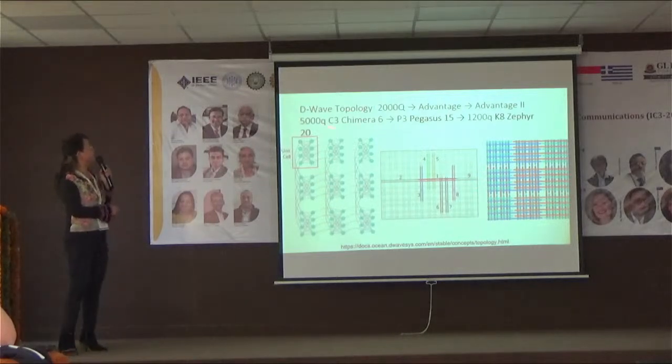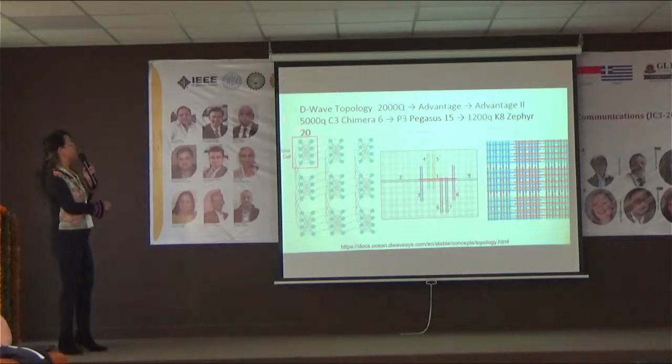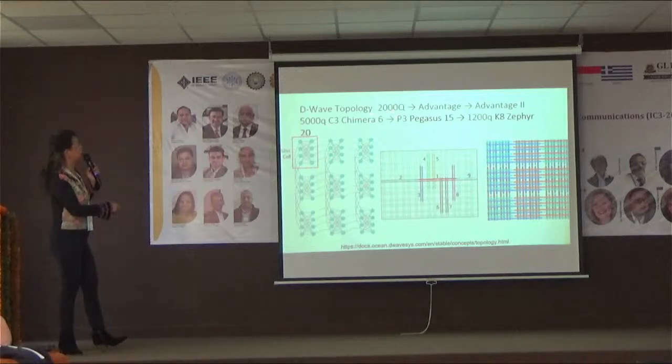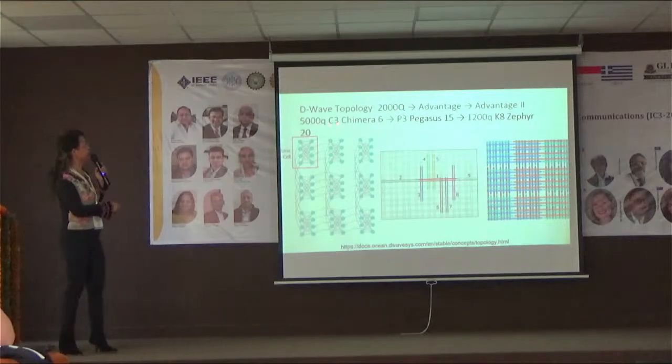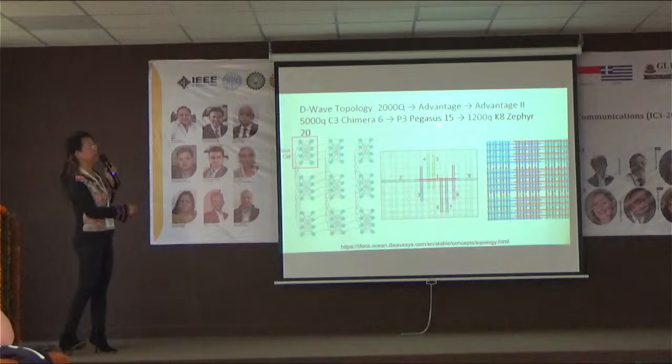In the Chimera topology, they went from 512 qubits 10 years ago to 2,000 qubits, and each qubit has 6 neighbors. Then with Pegasus, which has about 5,000 qubits, each qubit has 15 neighbors.